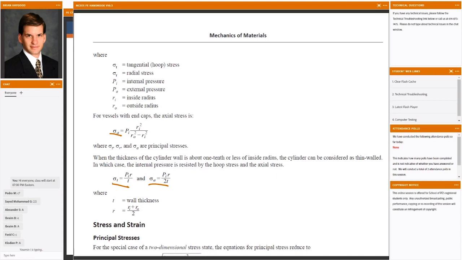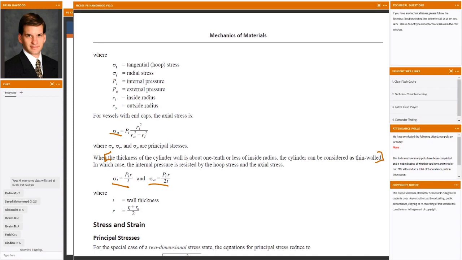How do we know when something's thin? If we're going to say we use these for thin-walled cylinders, what's our criteria by which we might call it a thin-walled cylinder? That's captured in this sentence right up here. When the thickness of the wall of the cylinder, whether it's a pipe or pressure vessel, it could even be a rectangle.